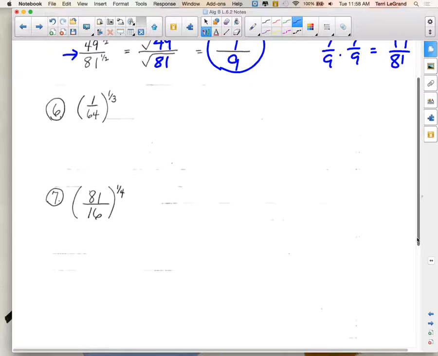All right. You have a quotient again, being raised to a power. So get rid of the parentheses first. In other words, use the property that will get rid of the parentheses.